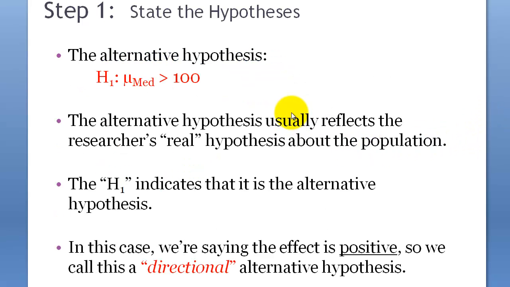Again, in the alternative hypothesis as well, we are indicating that it's going to be greater than 100, clearly greater or clearly smaller. It's indicating positive or negative directions, and we call that a directional alternative hypothesis.